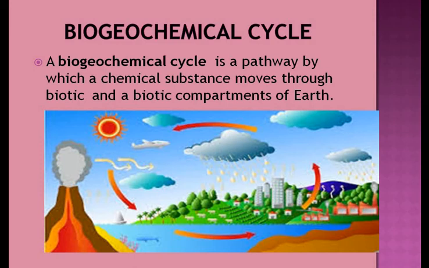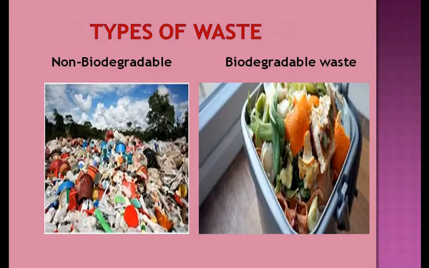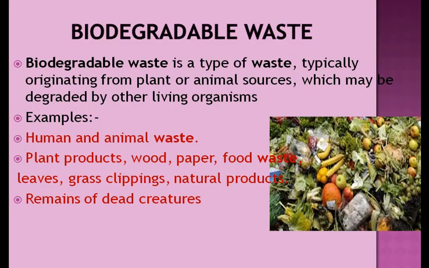As you have studied earlier, the waste can be categorized as biodegradable and non-biodegradable substances. The biodegradable waste are the organic waste. That is the waste we get from the plants and animals.